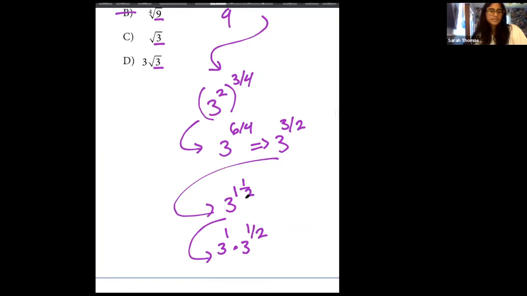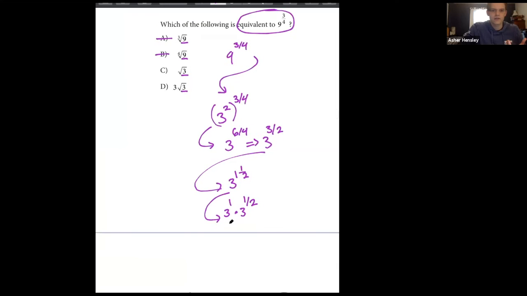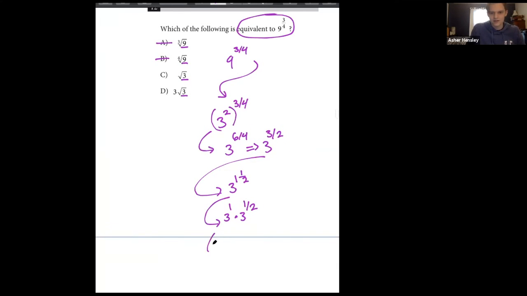Exactly, because that's equivalent. And now if I just want to use my exponent rules, how could I rewrite this? You could write it as 3 square root 3. That's right. Nice. Sarah just slayed that question. Excellent job. Perfect. Any questions? Okay. Really good job, Sarah.